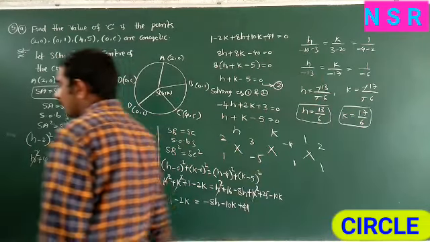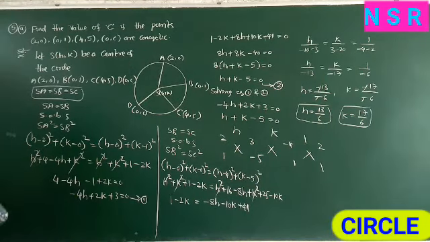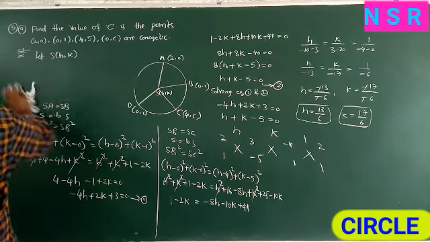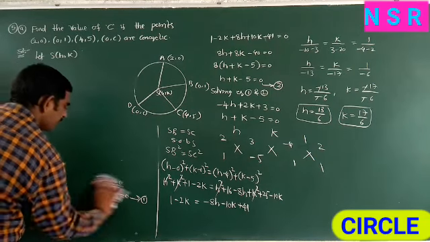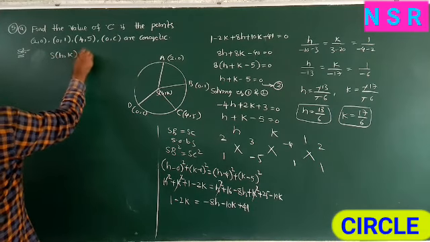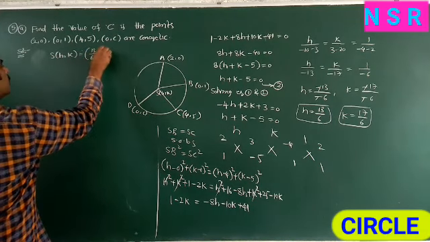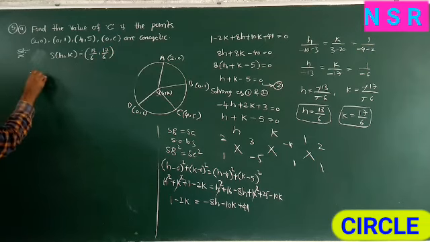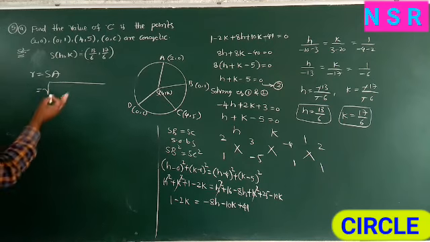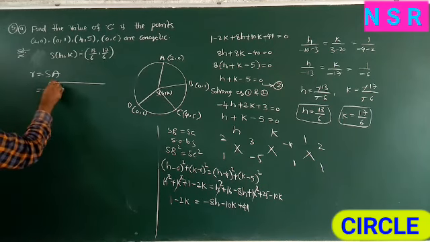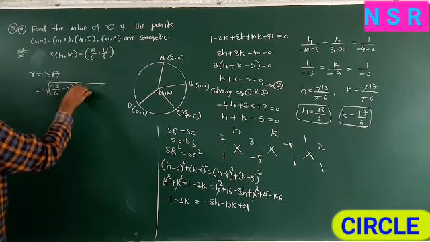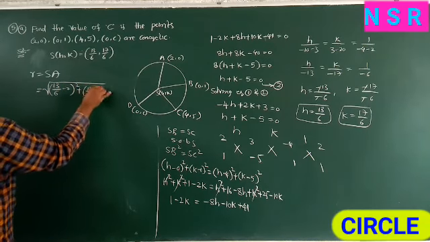So we get the center of the circle. Now find the radius. So we get S (h, k) equal to (13 by 6, 17 by 6). Now find the radius r equal to SA. So (13 by 6 minus 2) whole square plus (17 by 6 minus 0) whole square.